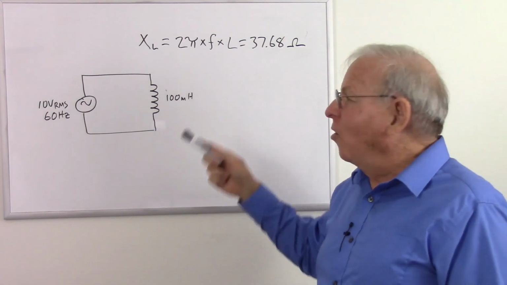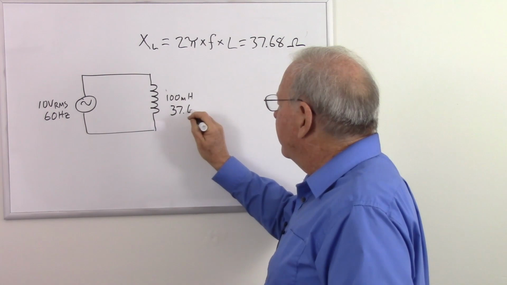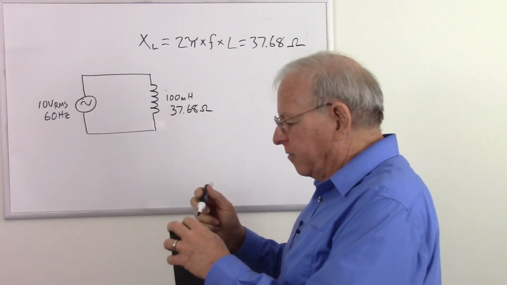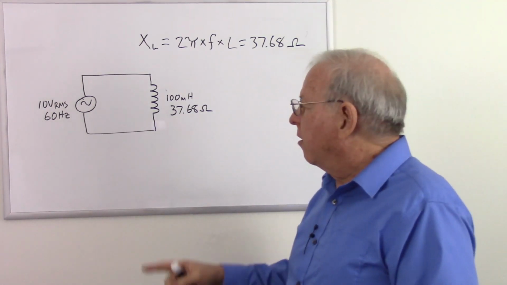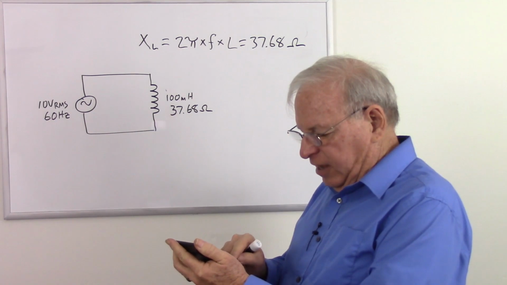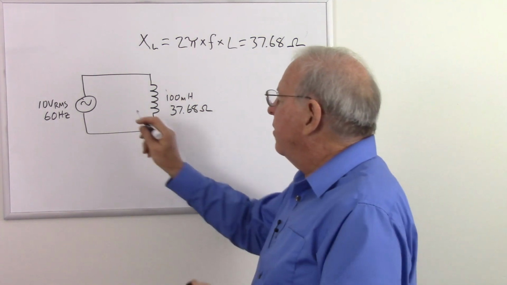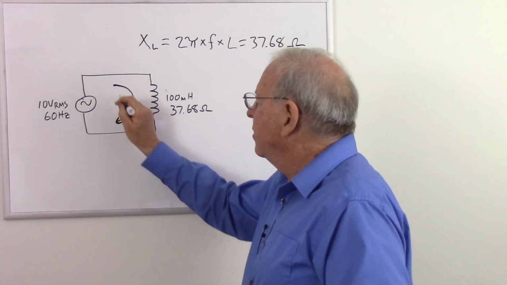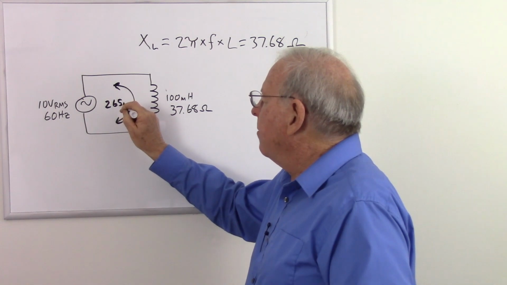So we can use Ohm's law with AC circuits. So now we have 37.68 ohms of inductive reactance, and I can calculate the current now because I know we have 10 volts RMS. So here we go, 10 divided by 37.68 equals, and I got 265 milliamps RMS of current.